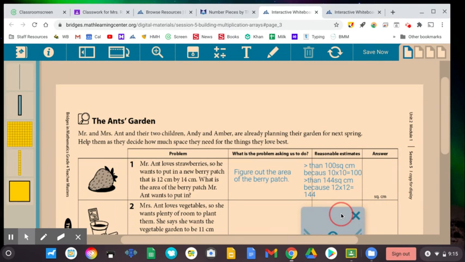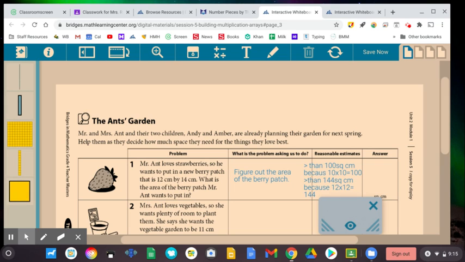I don't know what other kinds of estimates you had. Maybe you were thinking of looking at 12 times 14, that maybe you could think of 10 times 14, because that's something we practiced yesterday, that 10 times 14 would be 140. So those are just two of the examples that you could possibly use.